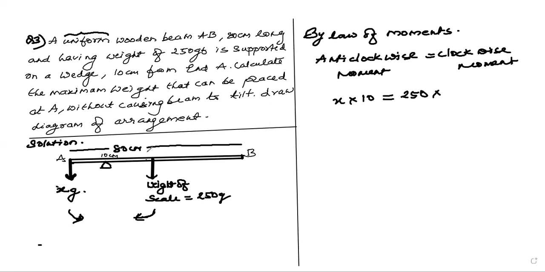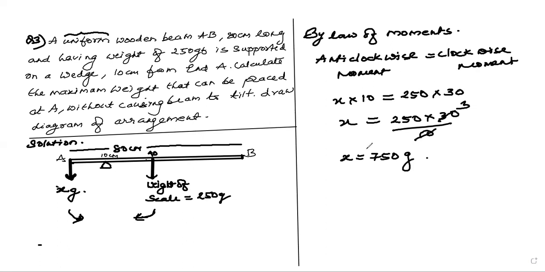This is at the 40 centimeter mark, so its distance from the fulcrum will be 40 minus 10, 30 centimeter. So X is equal to 250 into 30, the whole thing upon 10. 10 one time, 10 three times. So X is 750 gram. Are you getting me here? Naturally, children, 750 gf should be placed.